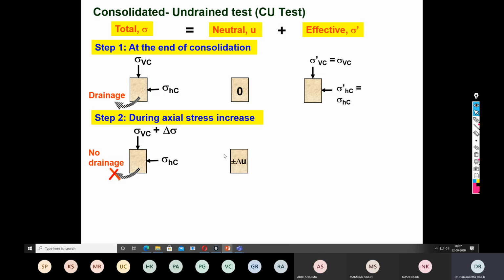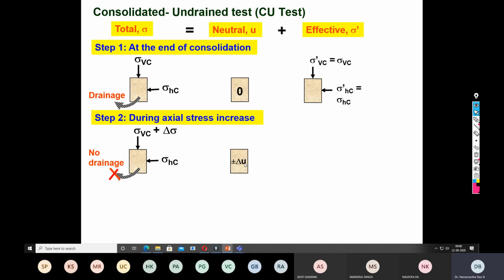Obviously, when no water is allowed to expel out from the soil sample, it is bound to take some amount of the load. That load borne by the water is called the pore water pressure. Since we are applying the delta sigma, that is additional load, the pore water pressure is called the excess pore water pressure.